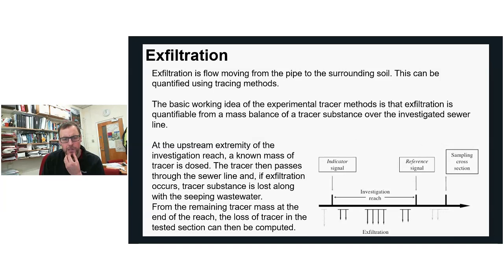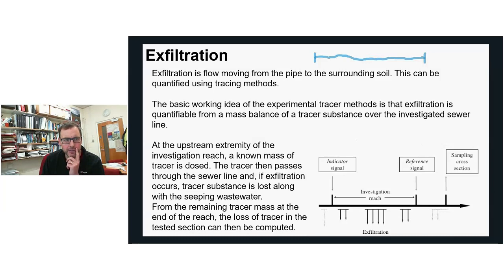Because if we think, well, I'm going to draw it up here. So if we've got a pipe, and say we put dye in the pipe up here, and we measure the dye level here.